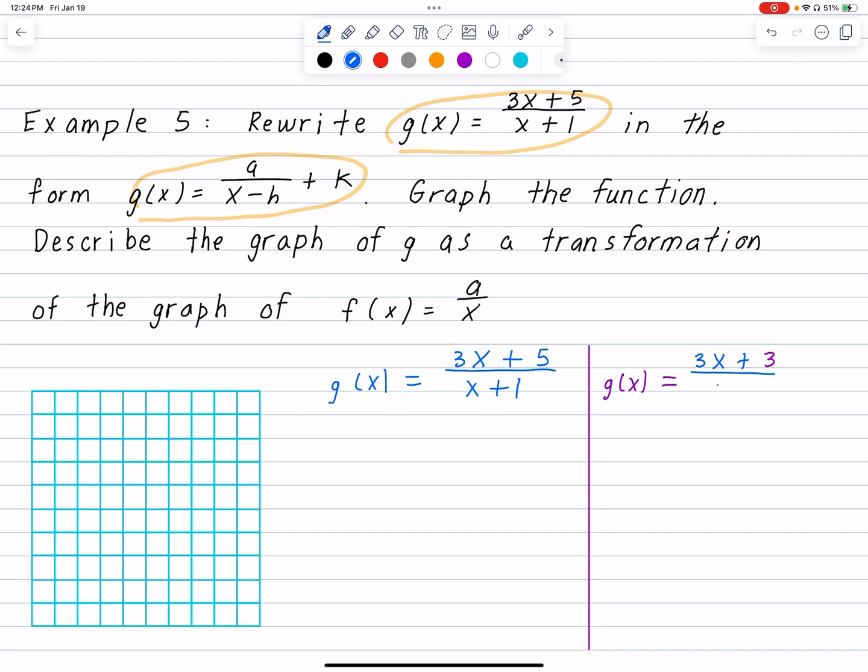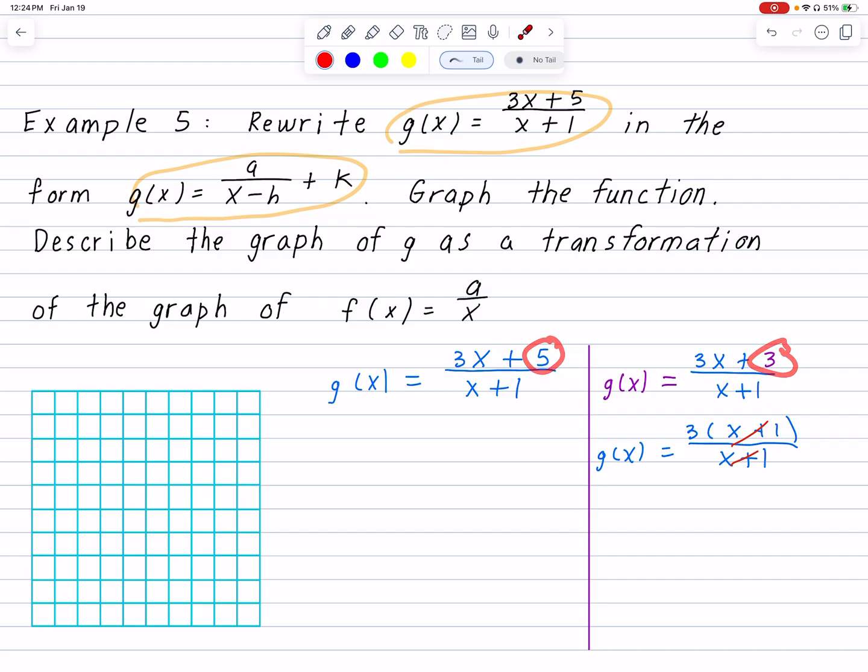Notice why that would be nice. If I were to rewrite this, in the numerator I could factor out a 3 out of both terms. And look how fantastic that is. There's an x plus 1 in both terms, and I can cancel out. So wouldn't it be great if I could just change this 5 to a 3?